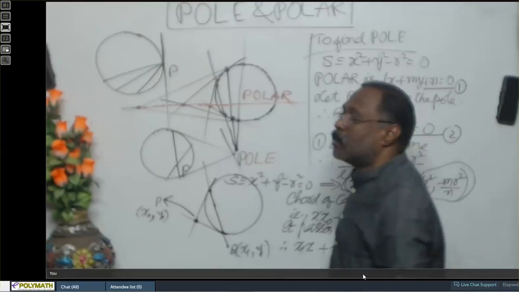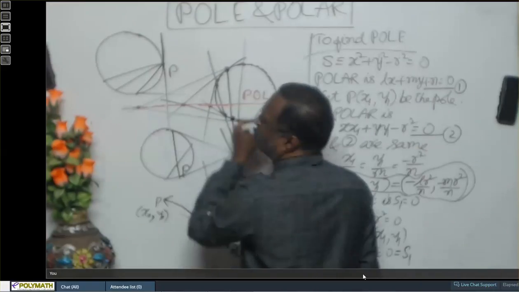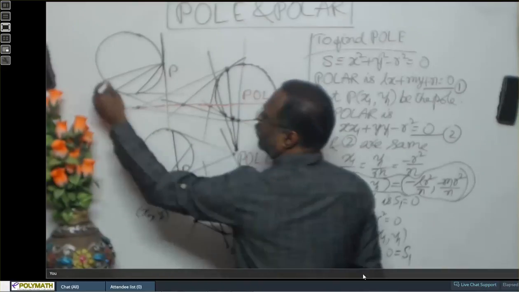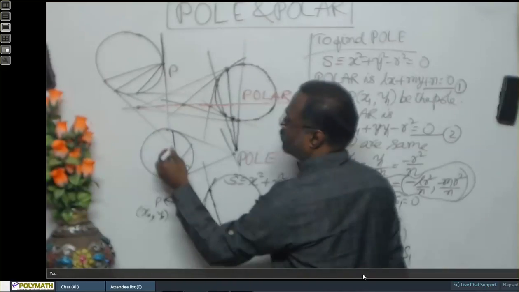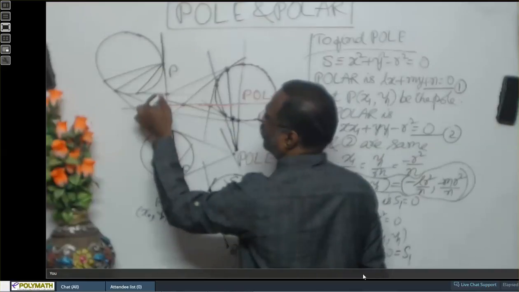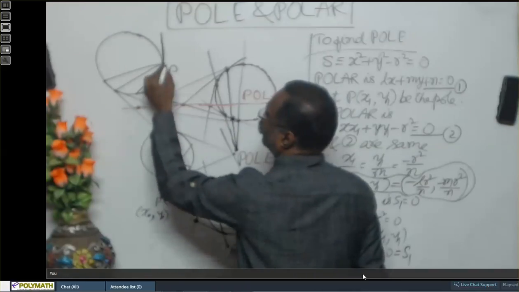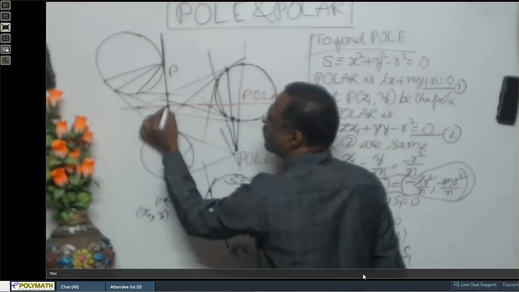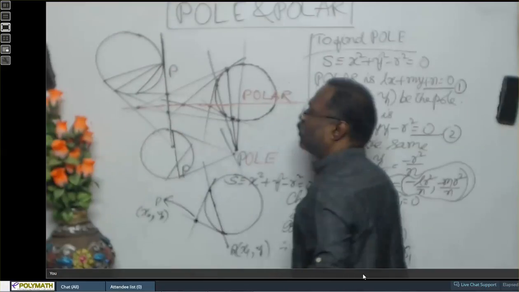Now if you draw another tangent here, it intersects here. If you draw another tangent here, it intersects here. These are the points on the locus, understand. So this polar is nothing but the tangent.